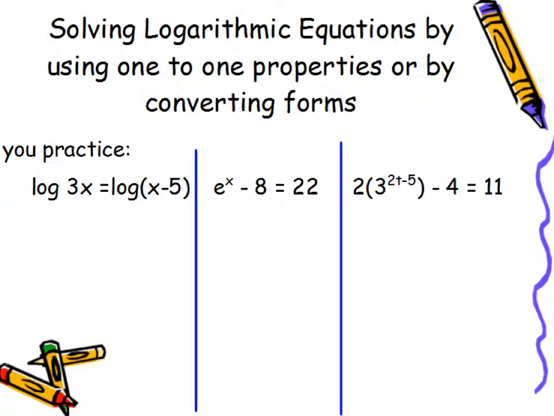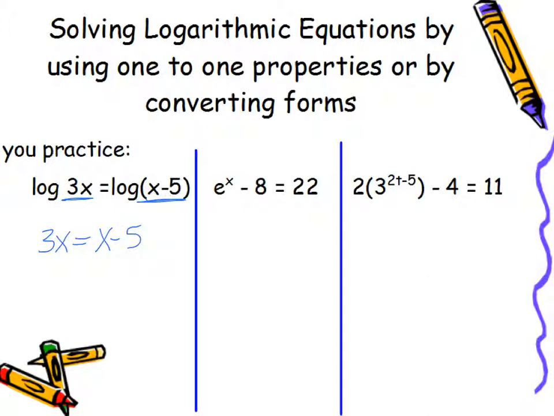All right, so let's try some more here. I have that you practice, but I'll walk you through a couple of them to help. So on this first one, I look at what scenario I have, and what's different here is I have a log equals a log. So this looks more like one of my one-to-one properties, where if you have the log of 3x equals the log of x minus 5, the only way that's going to work is if 3x is equal to x minus 5.